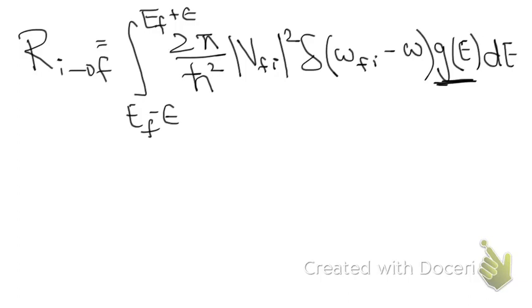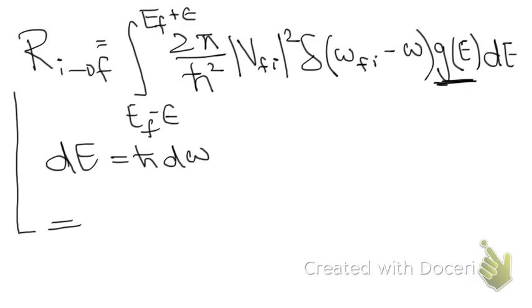Alright, so what is the next step? Well, we can write dE as h bar times d omega. So let's go ahead and do that. And so this will then be equal to 2 pi over h bar squared, VFI squared.